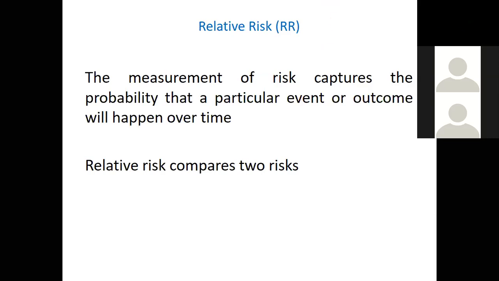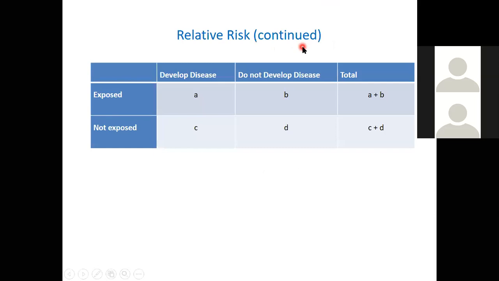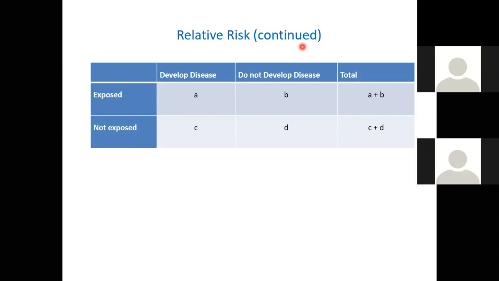Now, look at the table like this, a particular event. You will see the reason they use this risk, risk ratio or relative risk, for events in the future, because probability is about what will happen in the future.